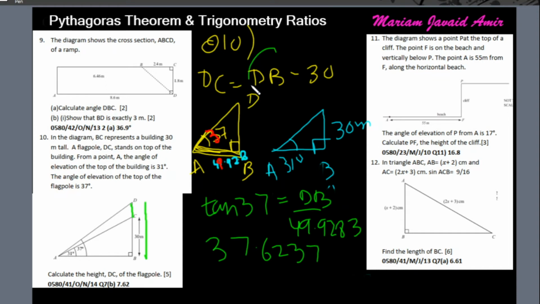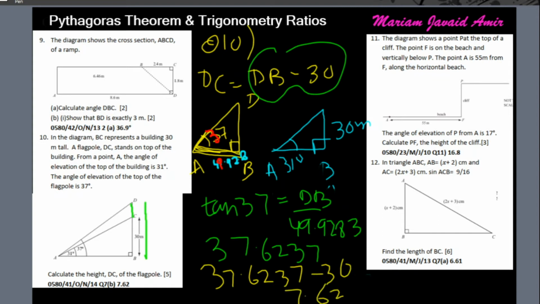Now I'll subtract 30 from it, so 37.6237 minus 30 will give us 7.623, which rounded off should be 7.62. This is the answer for DC for question 10.